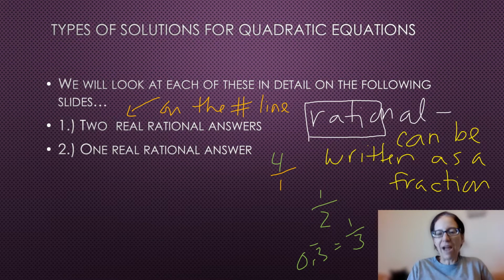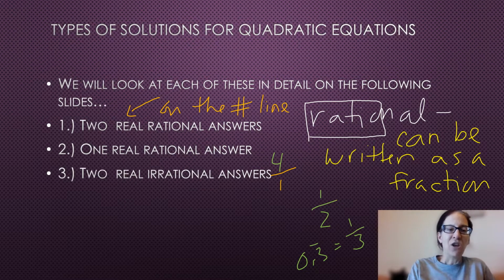One real rational answer: you could have one real one, and it would be rational. So you could have two, you could have one. You could have two real irrational answers. Just to break that down, the prefix ir means not, so it is a negation.